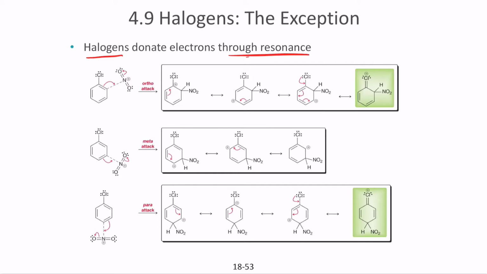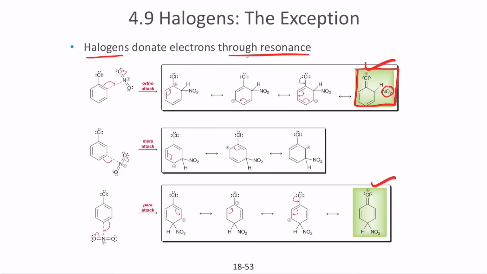Because they can donate electrons through resonance, they can be compared to the nitronium ion, NO2, in the effect they have. When you add nitration after chlorination, the nitration would be stable at the ortho and para positions.